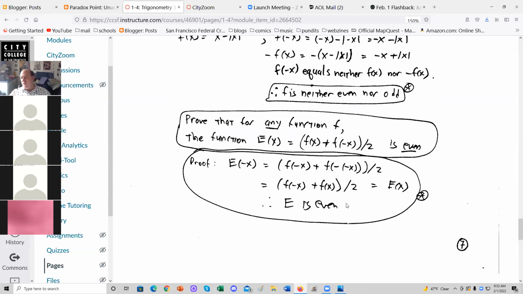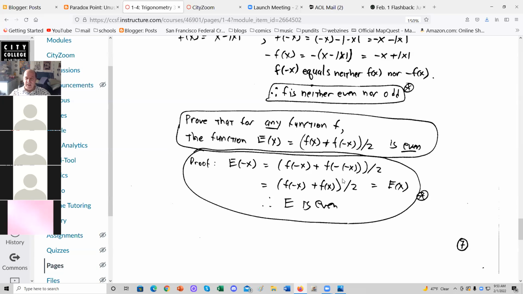Here they ask if you can make any function even, and yes, the answer is yes. e of x equals f of x plus f of negative x, all that divided by 2. The average of f of x and f of minus x. Prove that it's even. Well, the proof is simple. You look at e of negative x, plug it in here and here. f of negative x plus f of negative negative x, that is f of x, all that divided by 2.